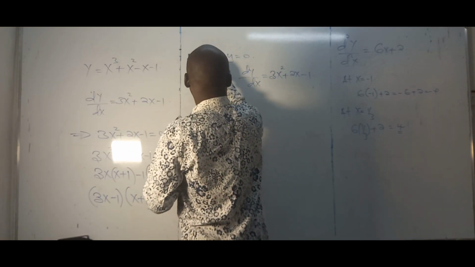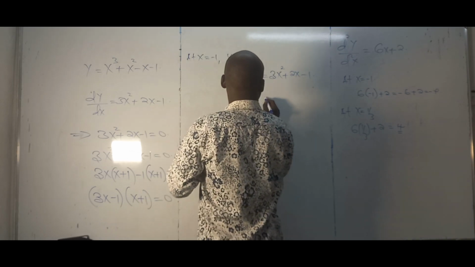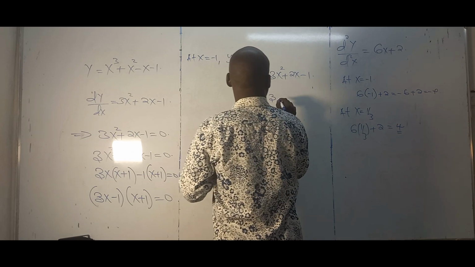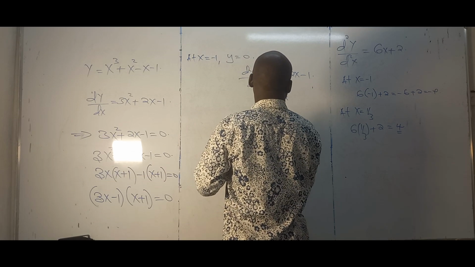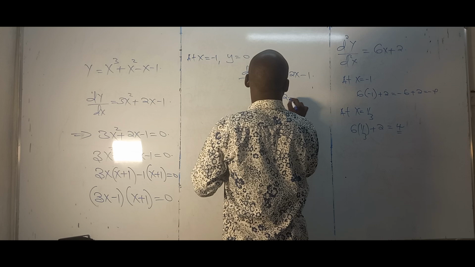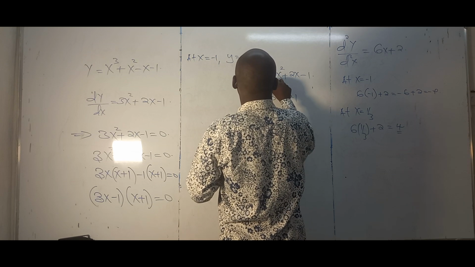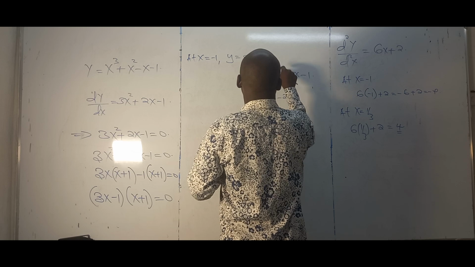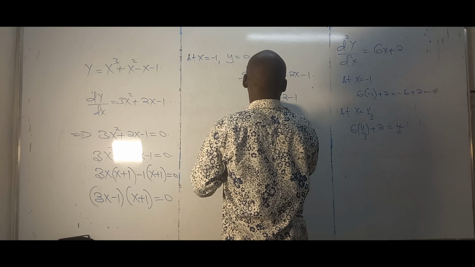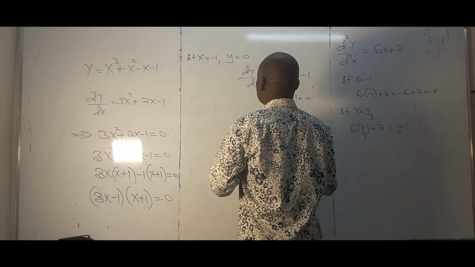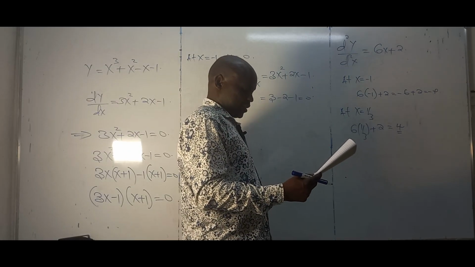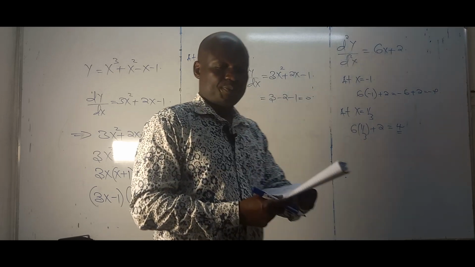So at x is equal to minus 1, this will be 3 minus 2 minus 1, because x squared now will be 1 squared, which is 1, times 3, that's 3 plus this. So this is 3 minus 3, which is 0. No, that is not what I want. So let me figure out what it is.